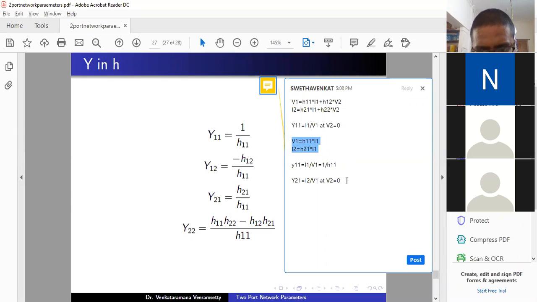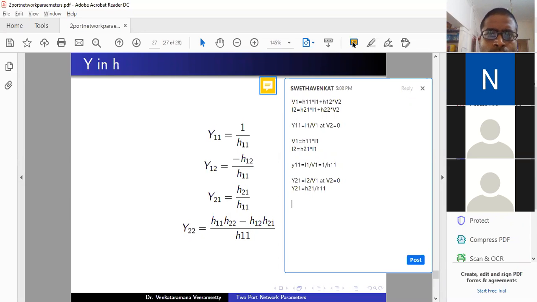So Y21 equals the second equation divided by the first equation, which gives H21 divided by H11. So Y21 equals H21 divided by H11. This is how we can find the Y parameters Y11 and Y21 in terms of the hybrid parameters.